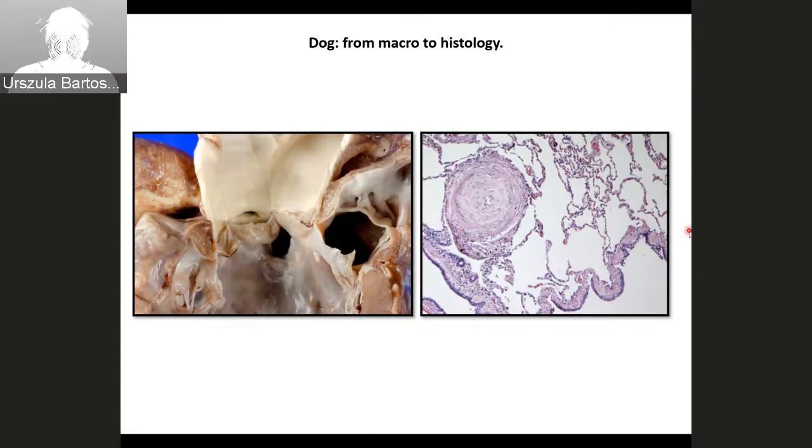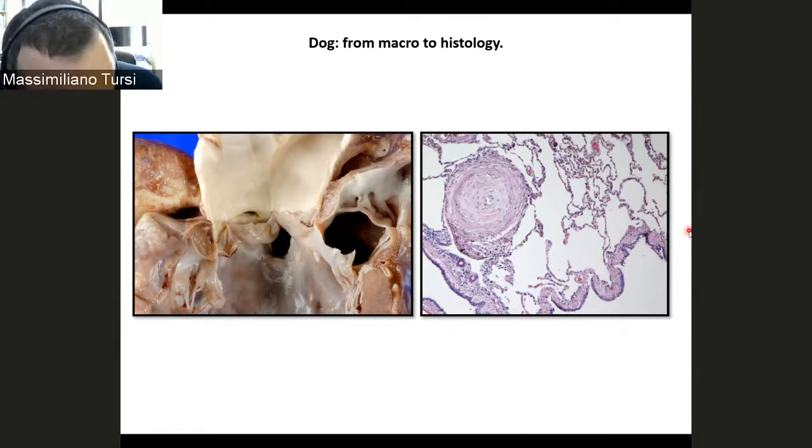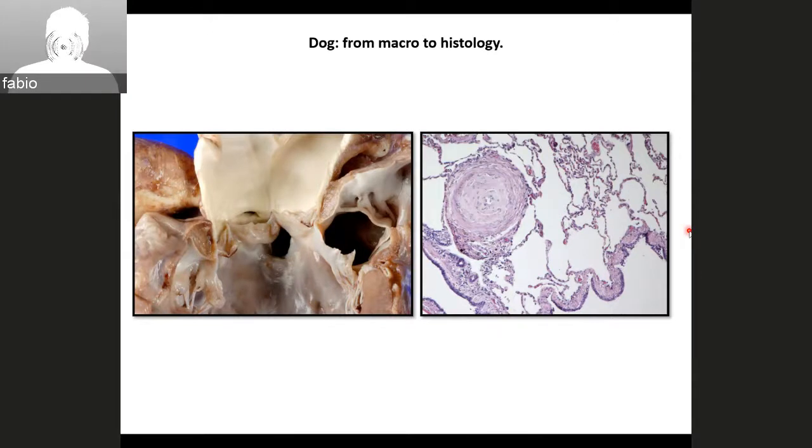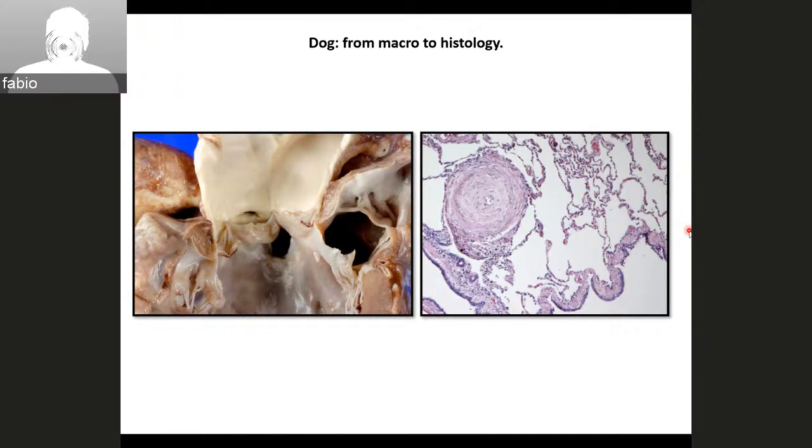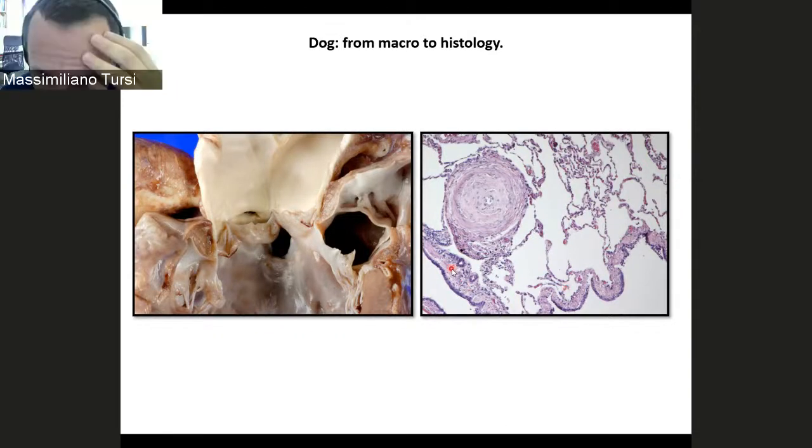Try to put a link between macro and histo. Fabio, sorry, in the lung, if you think about the histological structure, we have, of course, empty space, in alveolar, bronchus, small part of interstitium here.